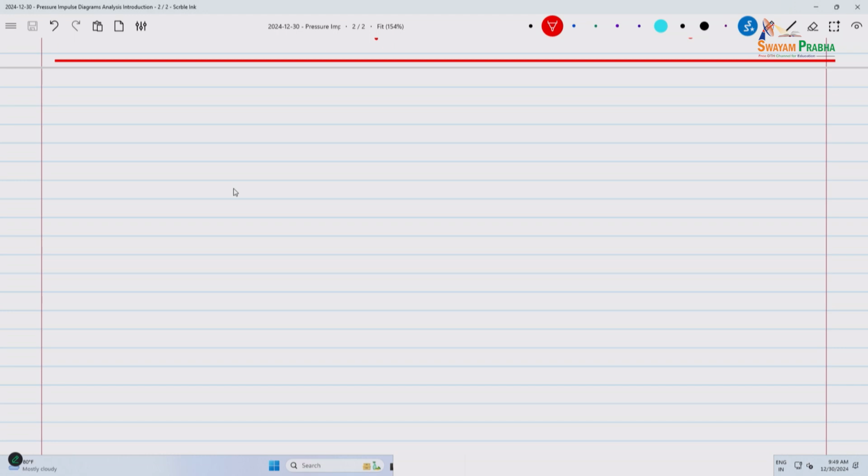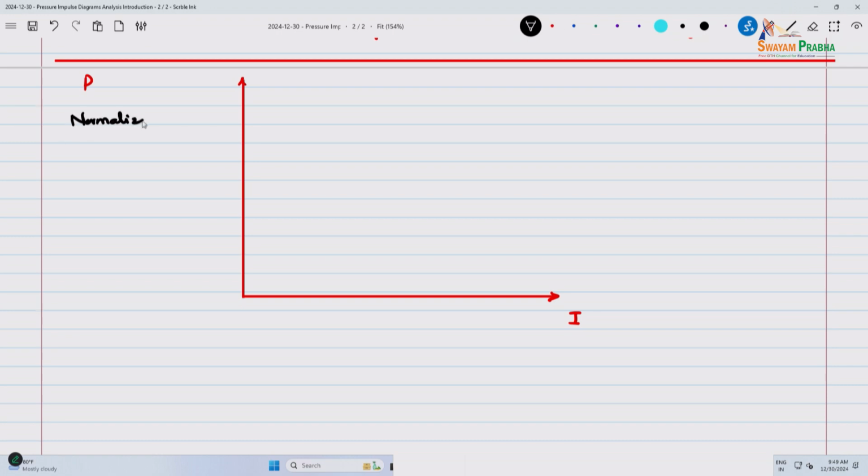So we also talked about the different regions of a PI diagram. This is the normalized pressure value on the y-axis, and this is the normalized impulse.